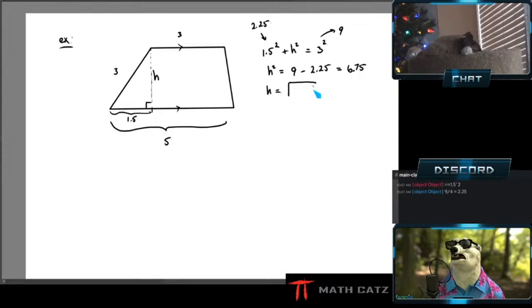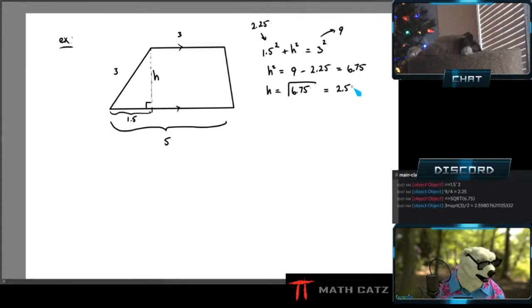So h is then the square root of 6.75, which is, let's see that, square root 6.75, 0.5981 if I round it, but I rounded it, I have to keep that in mind.